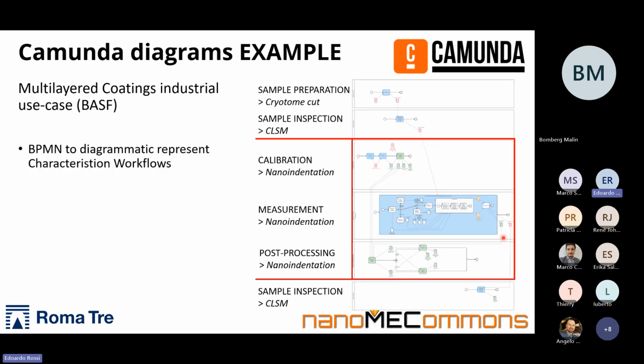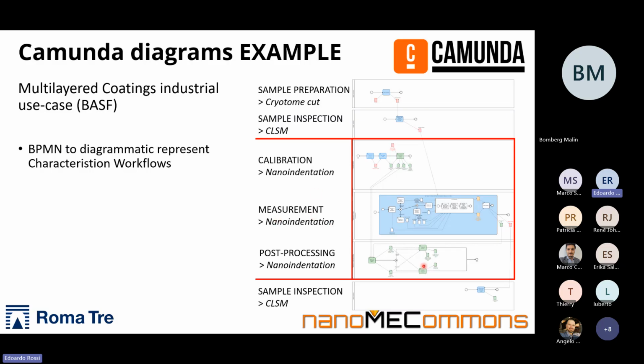Again, the BPMN can represent all the characterization tasks themselves. So you have the representation of the sample preparation, the sample inspection, different boxes for them. All the boxes have the start task and the end task. Then the output of one box comes as an input of another box.